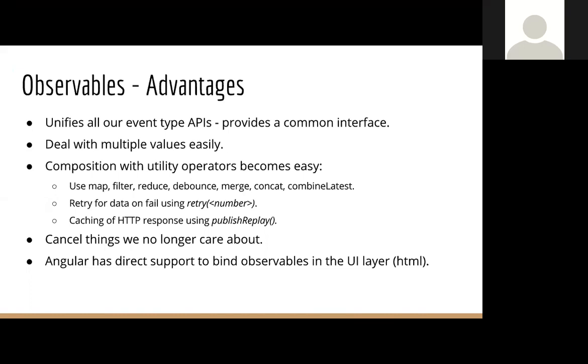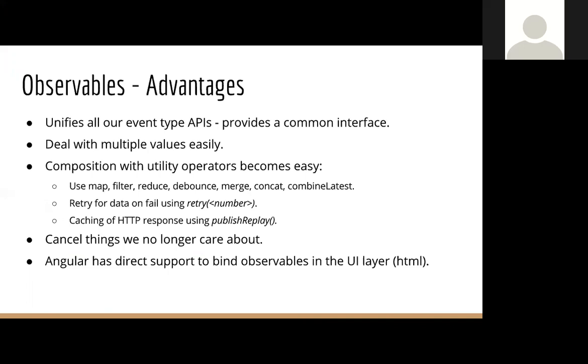In some cases, again, Angular is not only for web development. It can be used for native app development as well. So in that case, you can have events like touch and swipe. Even those events can be handled through an observable, can be converted to an observable. So all these data sources can be unified into an observable.